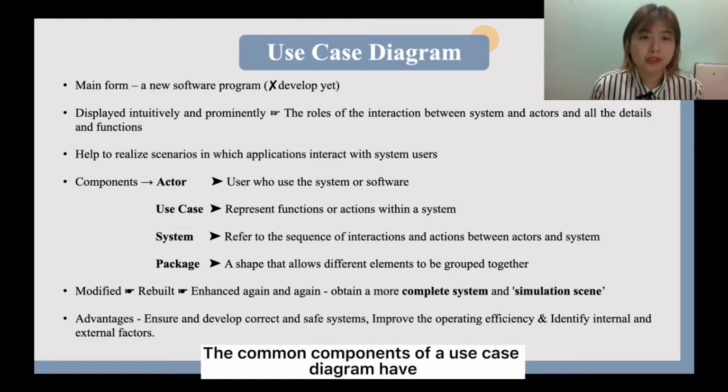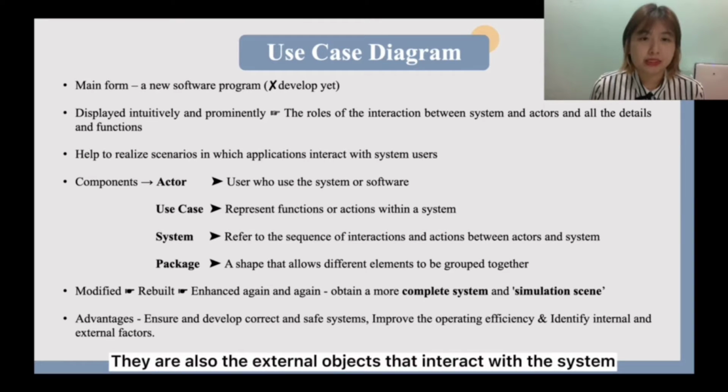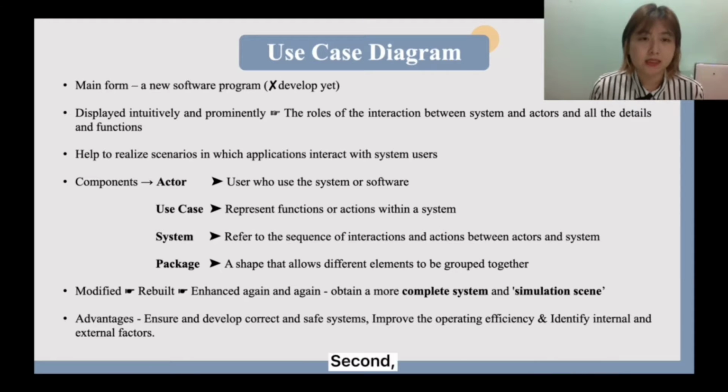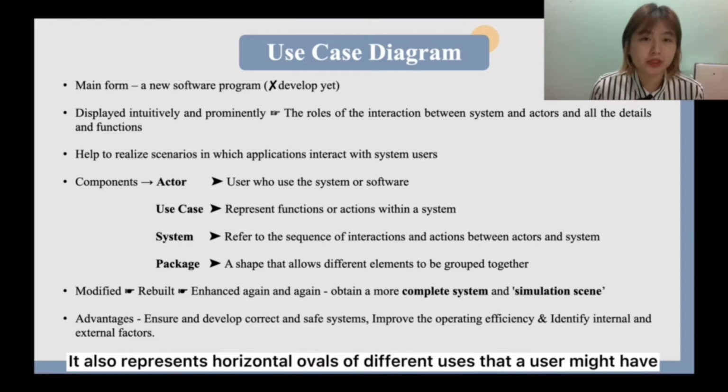The common components of a use case diagram are actors, use case, system, and package. First, actors are the users who use the system or software. They are also the external objects that interact with the system. Second, use case represent functions or actions within a system. It also represents horizontal ovals of different uses that a user might have.